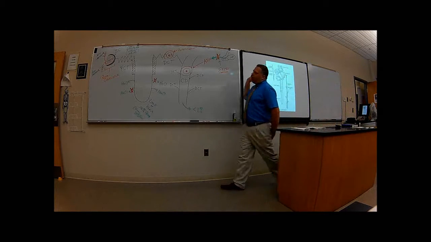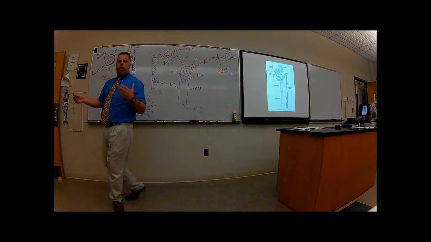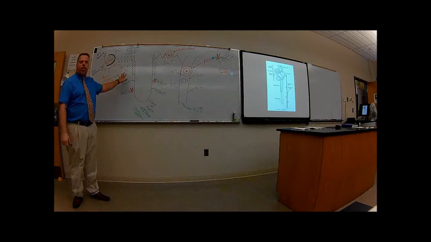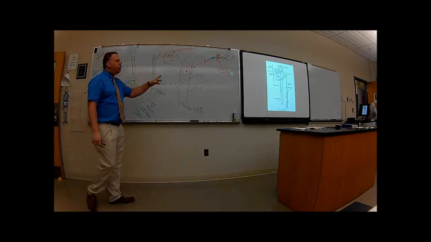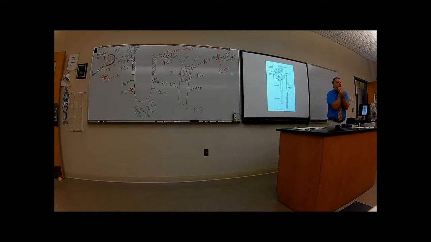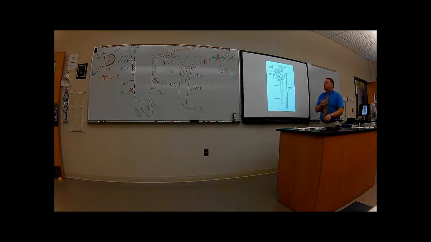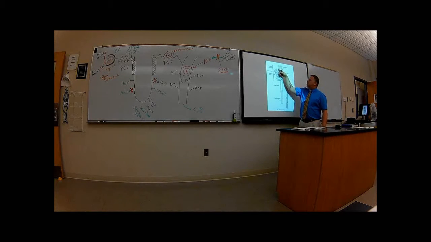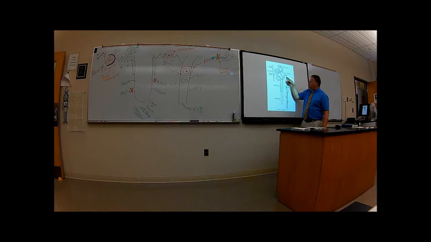Now, that's how it looks when I draw it. It's much easier for you to understand it this way. But in actuality, it's all mushed together. You got a million of these in each kidney, so they're all crumpled up together. So there's the glomerulus, there's Bowman's capsule, there's the PCT, the loop of Henle, the DCT going into the collecting ducts.